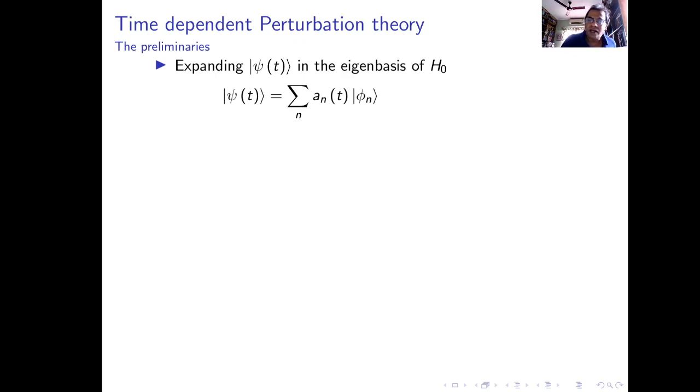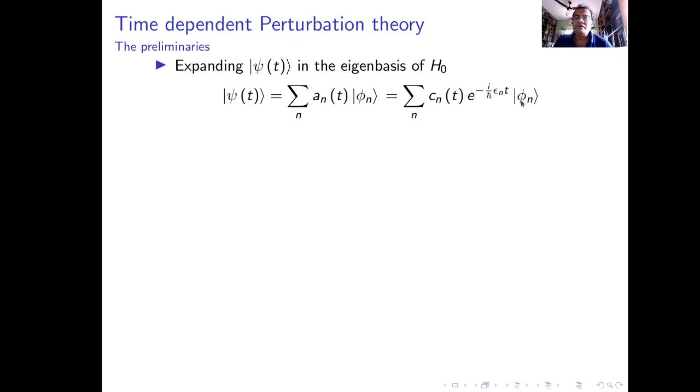So taking a cue from that, and based on the fact that V of t, the part of H which is not H0, is small, we write psi of t as the sum over n of Cn of t e to the minus i by h cross epsilon n t times ket phi n.